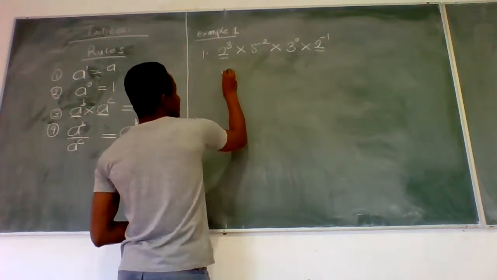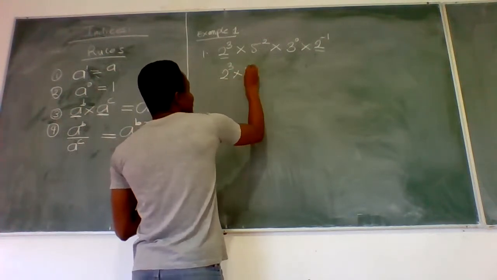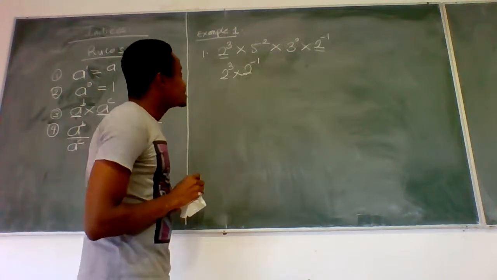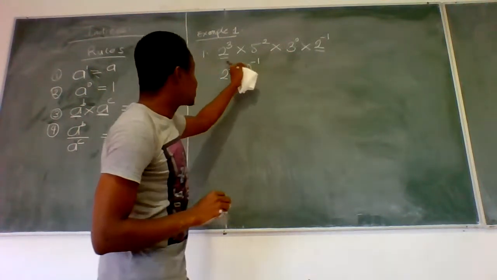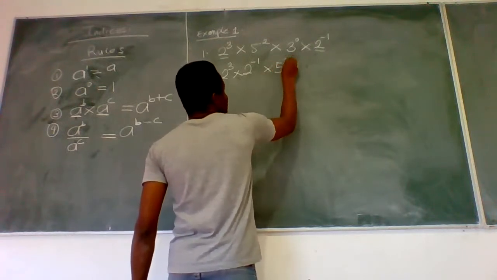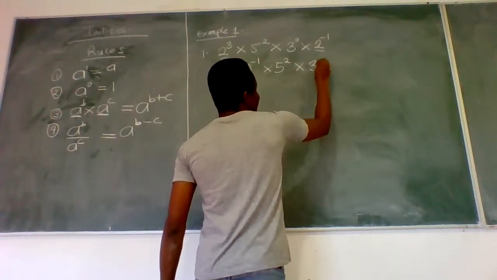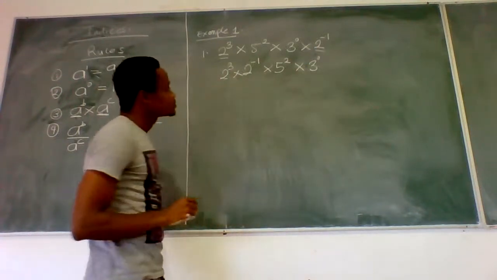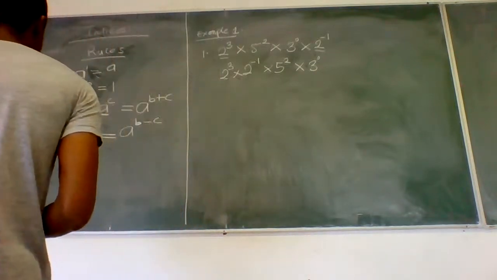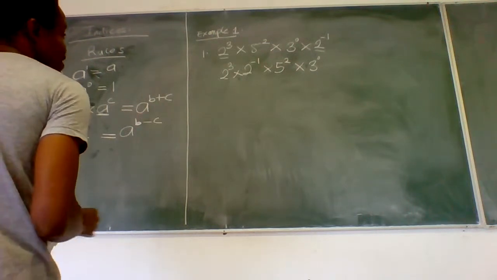So from here we have 2 exponent 3 times 2 exponent negative 1. Is there any other 2? No. Then let's move to the next one, 5 exponent 2. There's no other 5, so move on to 3 exponent 0.